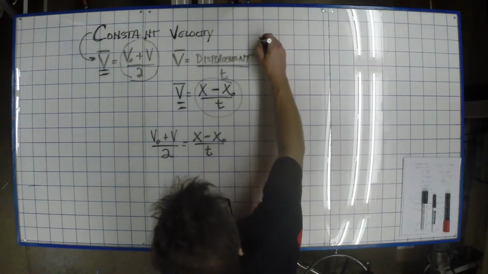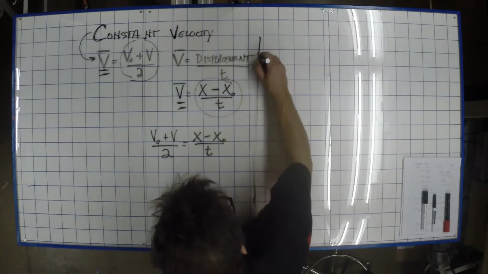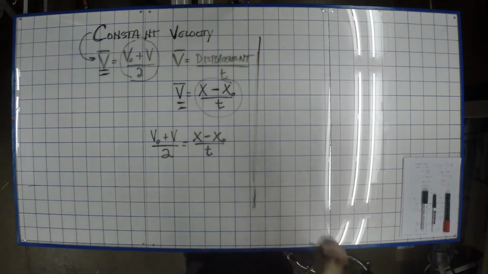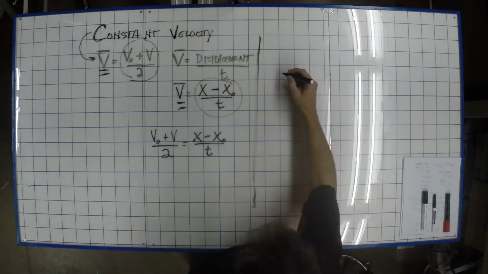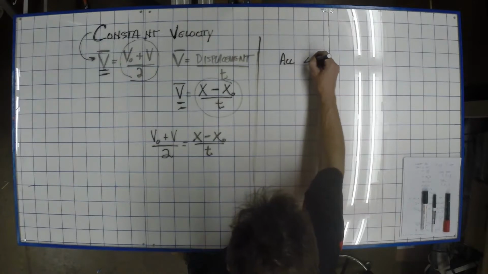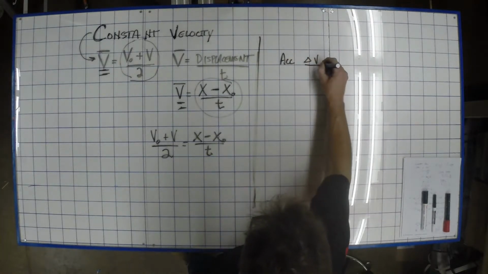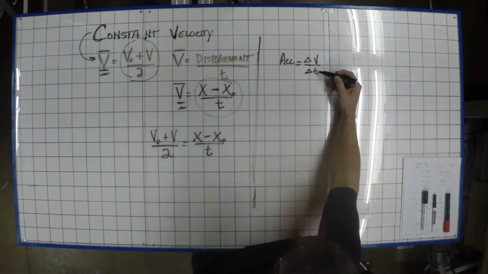But for now, to get our first kinematic equation, if you've done the reading and you've looked at it, you already know what acceleration is. Acceleration, of course, is the change in velocity divided by the change in time that change takes place in.